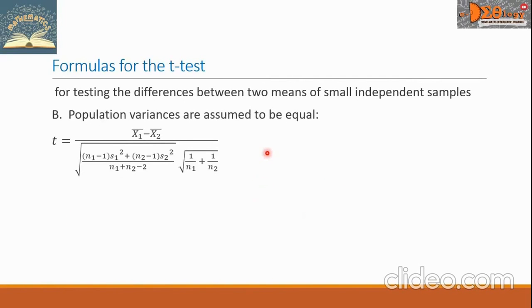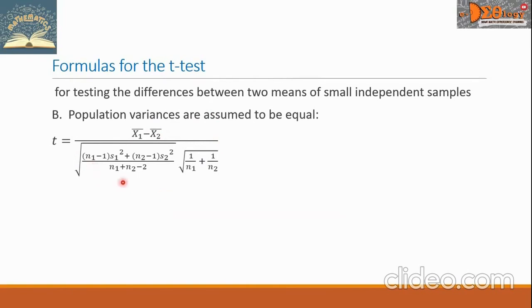Now this is the second formula. We're going to use this when population variances are assumed to be equal. And the formula is t equals this big fraction where the numerator is x bar sub 1 minus x bar sub 2. In the denominator is a product of two big radicals.